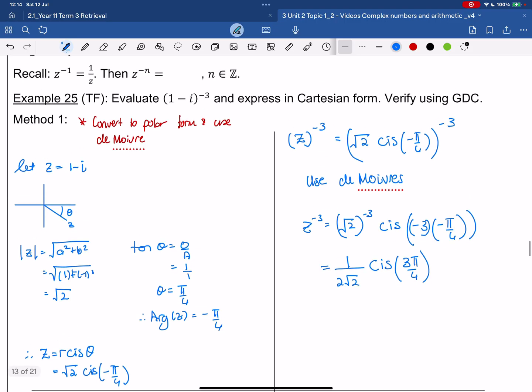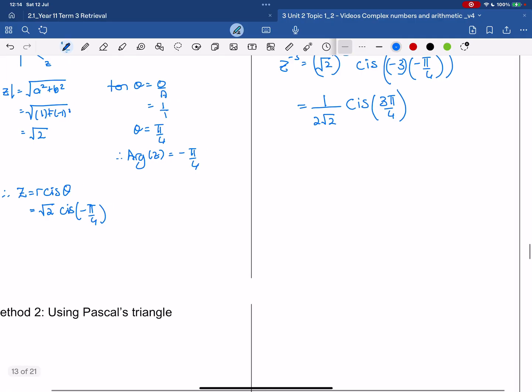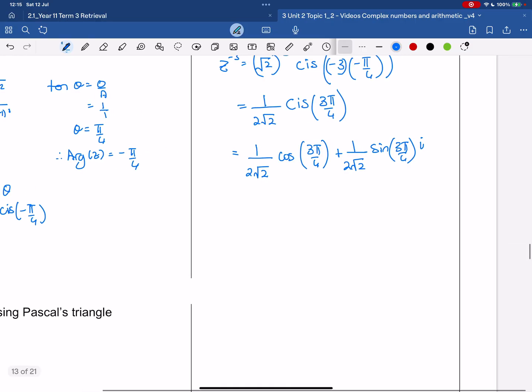But now they want us to give it in Cartesian form, so we're going to convert it back again. So cis stands for cos plus i sine, so that means we've got 1 over 2 root 2 cos of 3 pi on 4 plus 1 over 2 root 2 sine of 3 pi on 4 times i.